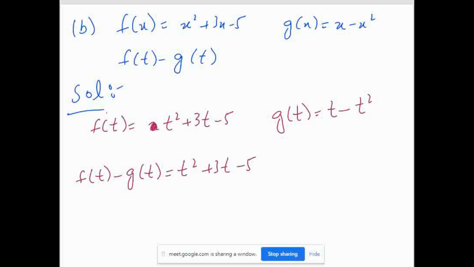What's your answer? First please solve it in your notebook. Yes, f of t minus g of t.